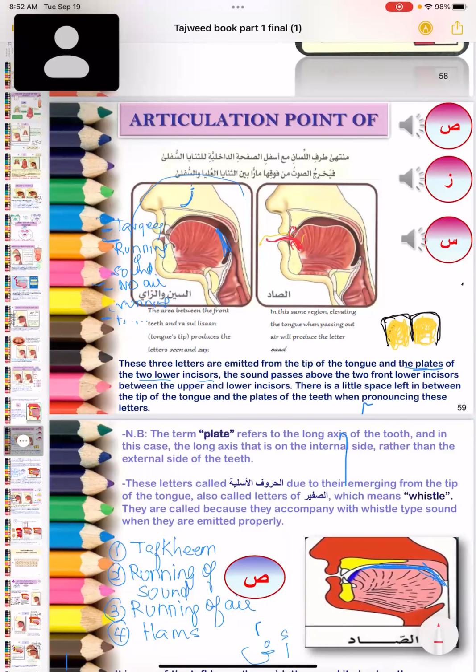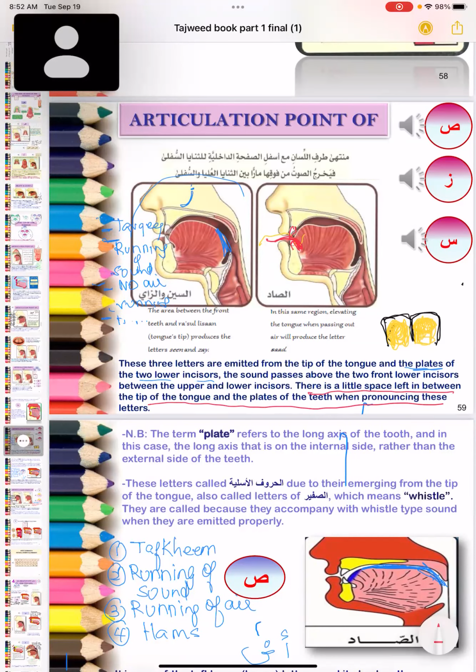Here again, they are mentioning, look at this. There is a little space left in between the tip of the tongue, let's underline this, and the plates of the teeth when pronouncing these letters. So you're not shutting off the sound. You're not imprisoning the sound. You're keeping that gap between the tip of the tongue and the plates of the teeth for the sound to escape.